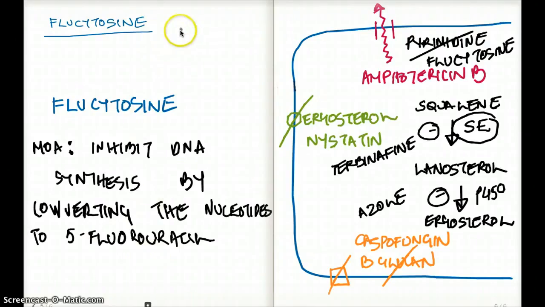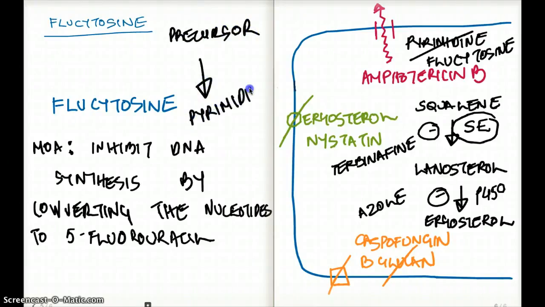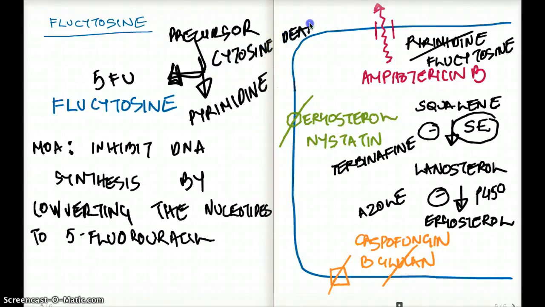Let's say there is a precursor here, and it's supposed to be converted to pyrimidine, but instead of doing that, it's taking a separate pathway to be formed into 5-fluorouracil. And the enzyme which converts it into 5-fluorouracil is cytosine deaminase. So that is the mechanism of action. It inhibits DNA synthesis by converting nucleotides to 5-fluorouracil by using the enzyme cytosine deaminase.